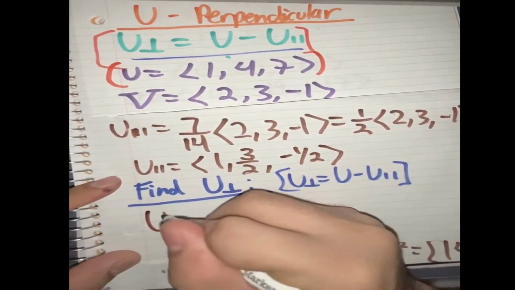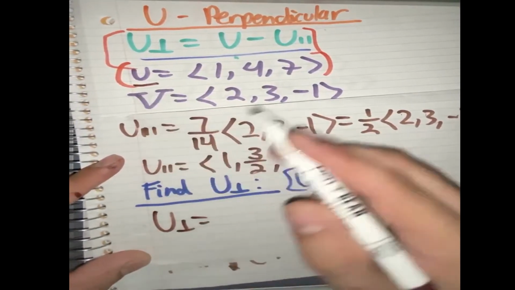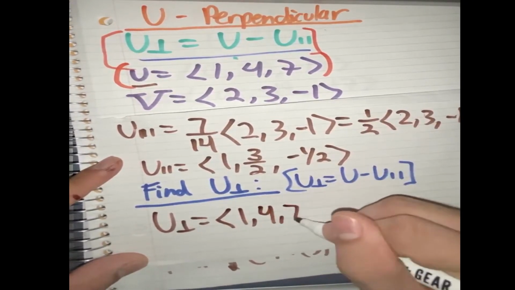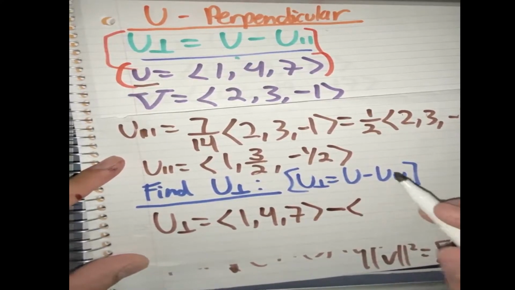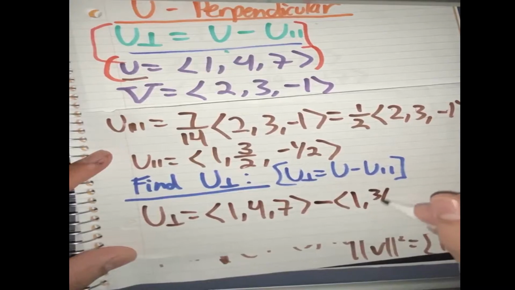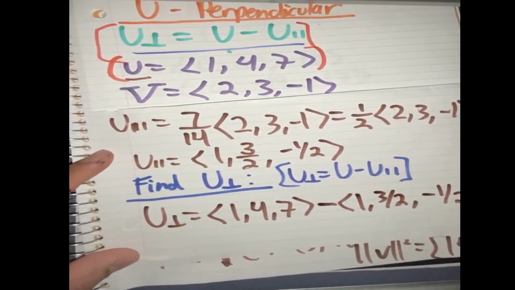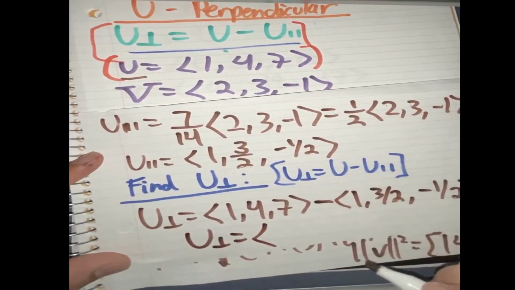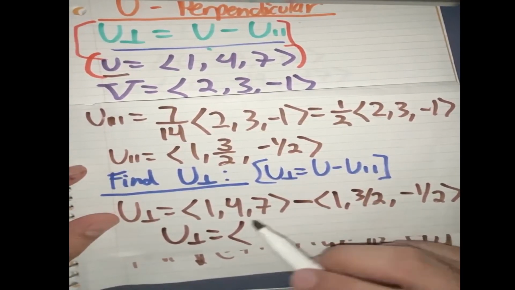So u perpendicular would be equal to our vector u, which is 1, 4, 7, minus our u parallel vector, which is 1, 3/2, negative 1/2. Performing this arithmetic, we just subtract element by element.